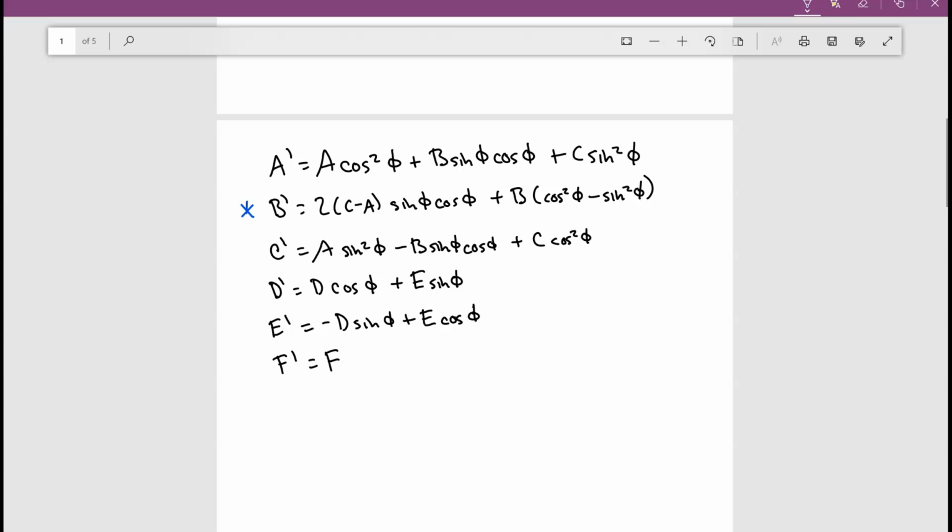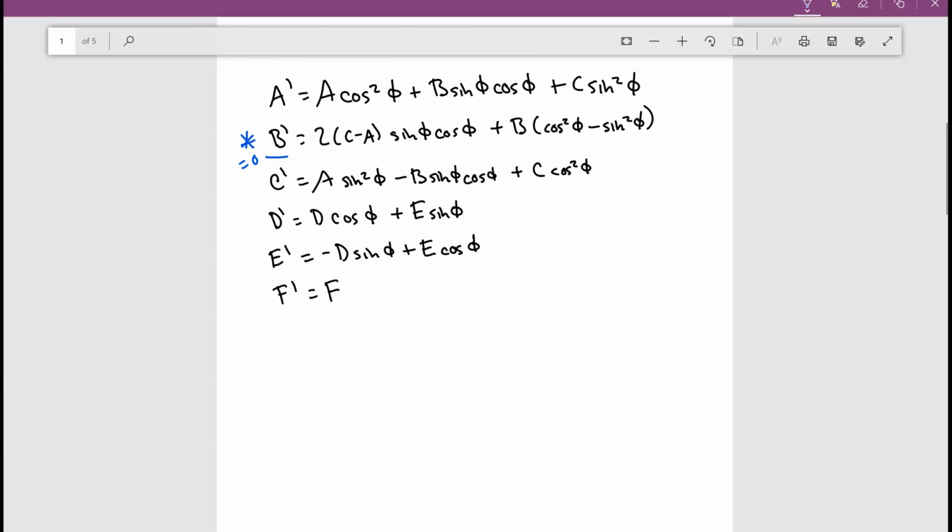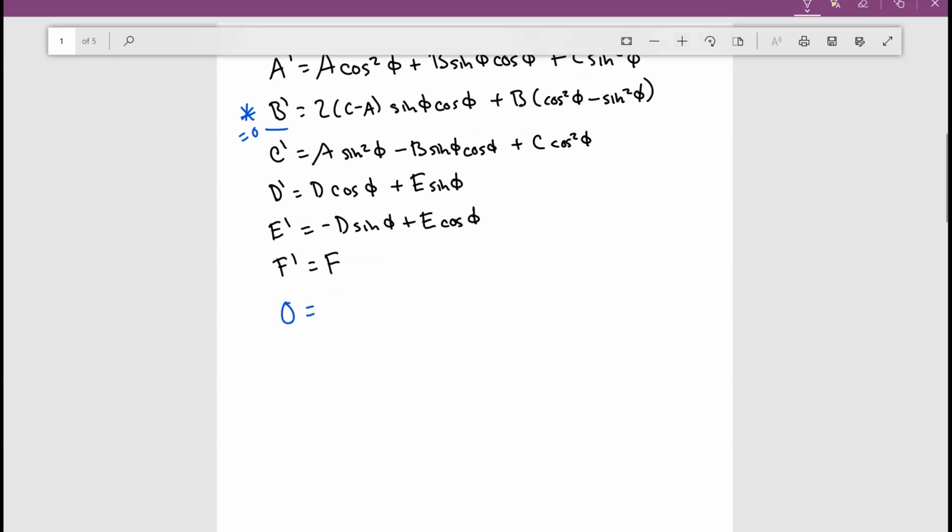So we are going to take this b term. We want this b prime to equal 0. So we have 0 is equal to 2 times c minus a, sine phi cosine phi, plus b times cosine squared phi minus sine squared phi, and we're just going to solve all of this.